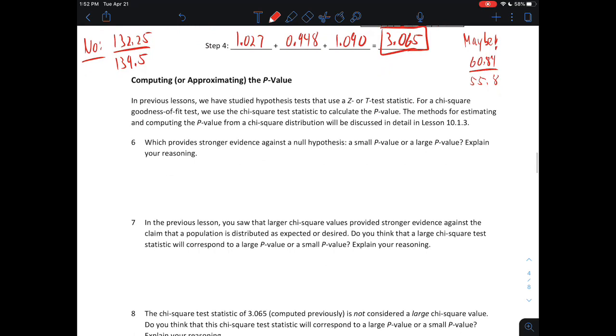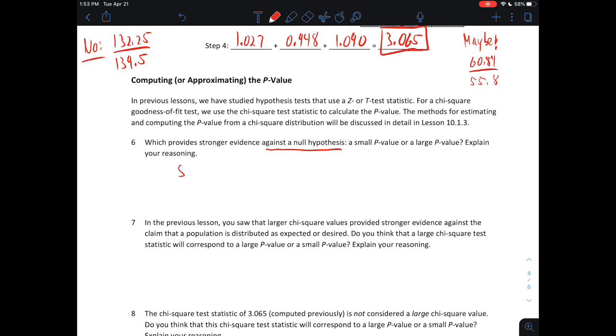Number 6, which provides stronger evidence against a null hypothesis? A small p-value or a large p-value? You might have remembered from before, if the p-value is less than alpha, that means you reject the null hypothesis, which means there would be evidence against the null hypothesis.